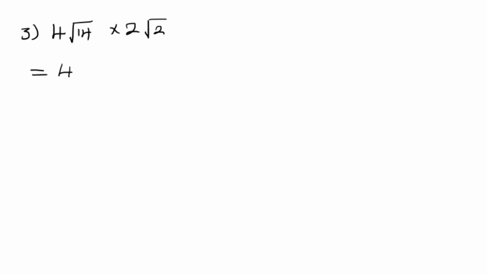So when we have the square root of 14, the product will be 7 times 2, and 7 is not a perfect square. Or we can also have 1 times 14. None of them is a perfect square, so we are going to go ahead and multiply them like that.